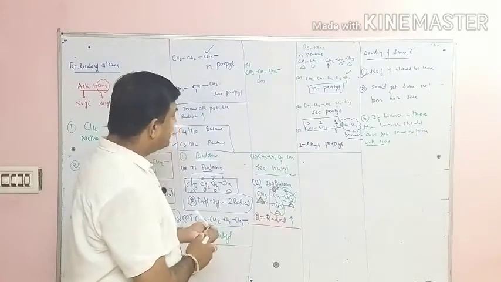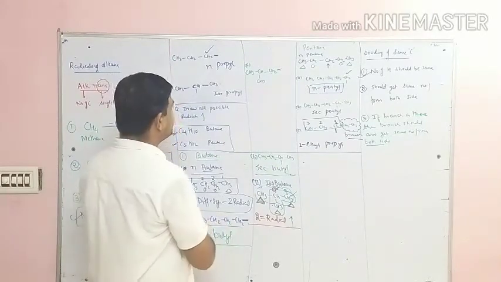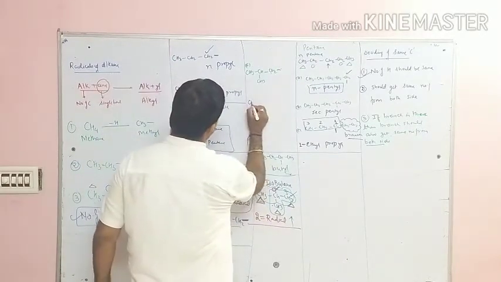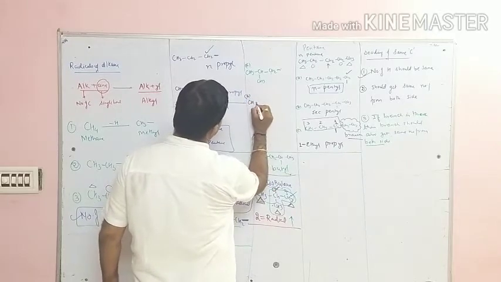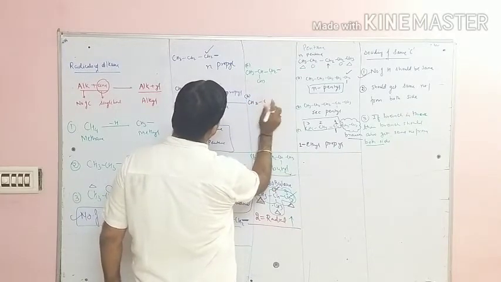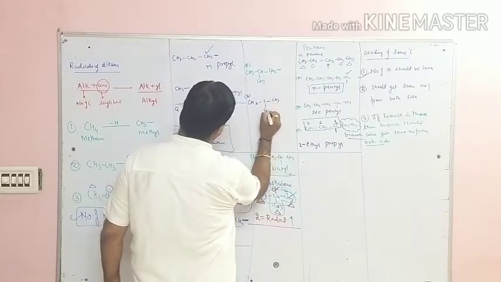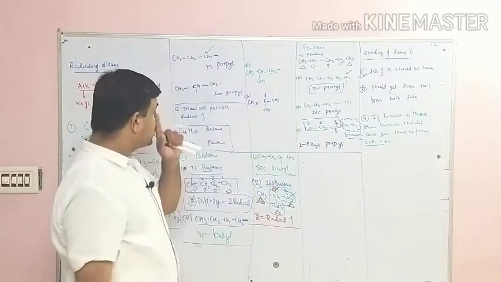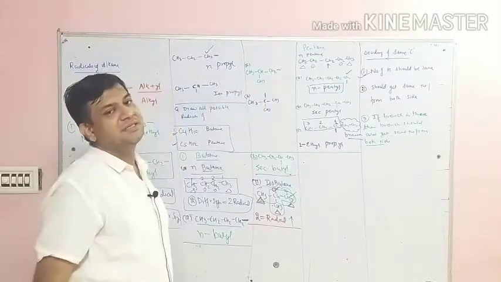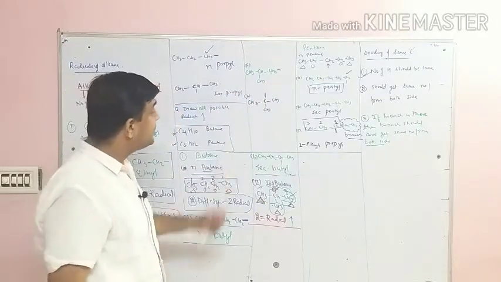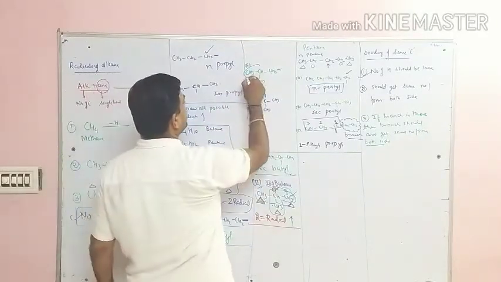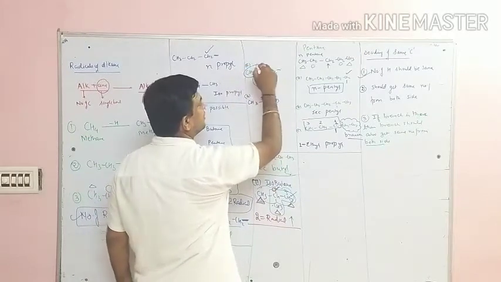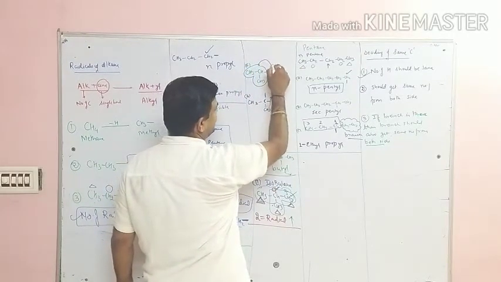So, students, this is the first radical. And what is the second radical? If I draw, then it's CH3, CH3, CH3, I vacate the valency from it. This is the second radical. That was the first and that is the second radical. Now tell me what is the name? This group is iso group. Last carbon is this. Valency is free.